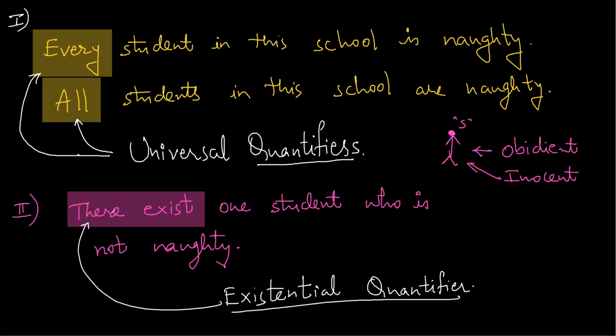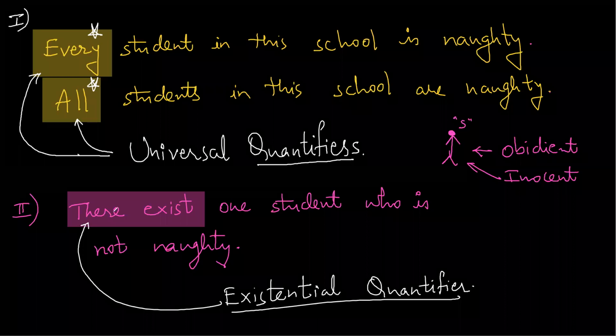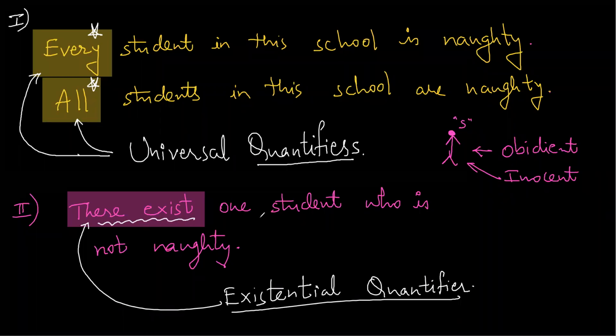When you say every, when you say all, that means you are counting each and every one in that community, in that collection. And when you say there exists, you mean at least one.